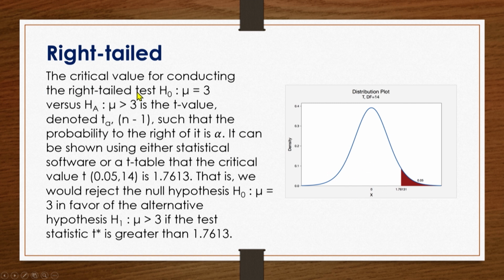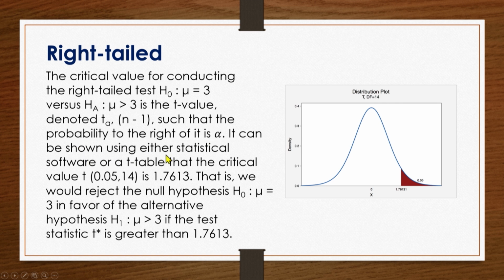Here, for the critical value for conducting the right tail test, we assume H0: mu equals 3 versus the alternative hypothesis HA: mu is greater than 3. Then the t value denoted by t alpha, n-1, is such that the probability to the right of it is alpha.